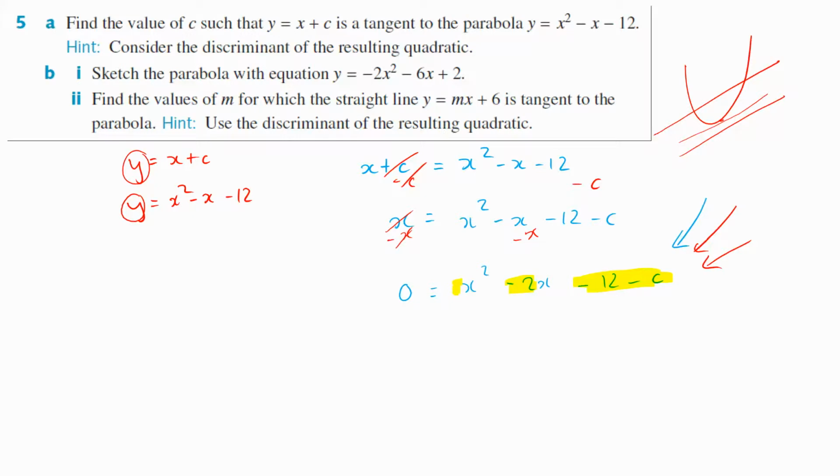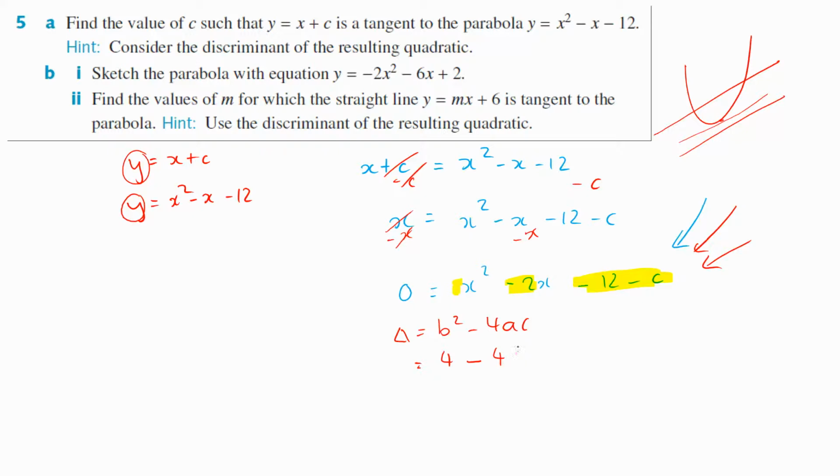So you need to find the discriminant. You want to find how many intercepts there are. So discriminant equals b squared minus 4ac. In this case, b is negative 2, so negative 2 squared is 4, minus 4 times a, which is 1, so it becomes 4.